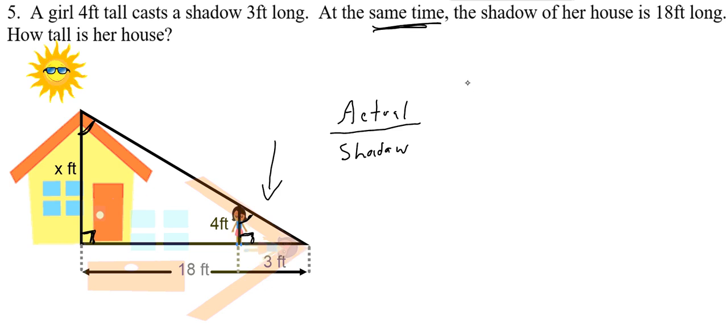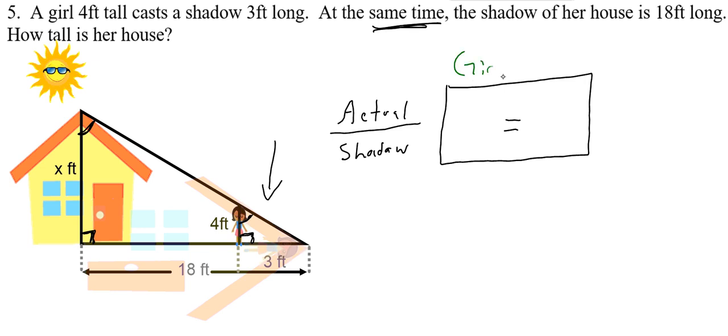Okay, and then as I set up my proportion, I want to recognize that the ratios have to be within each one. So on the left side, I'm just going to say this is the girl. And on the right side, I'm going to say this is for the house.